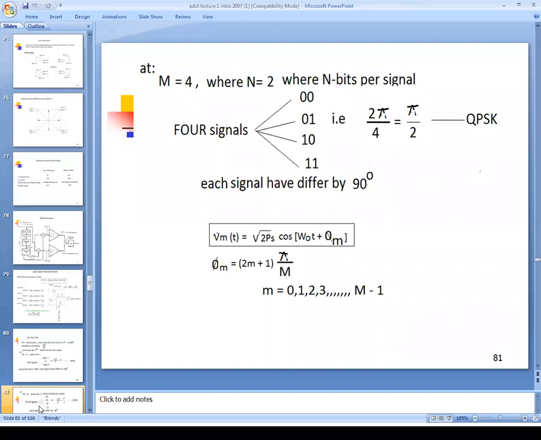Now, in M-ary PSK, M number of levels are there.